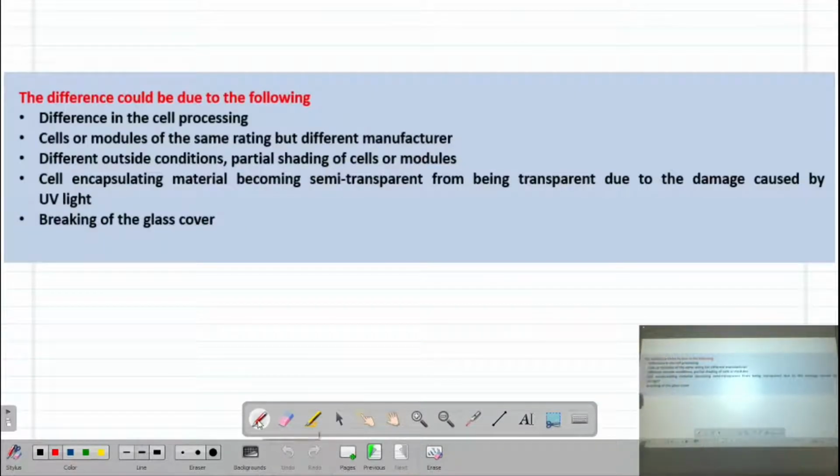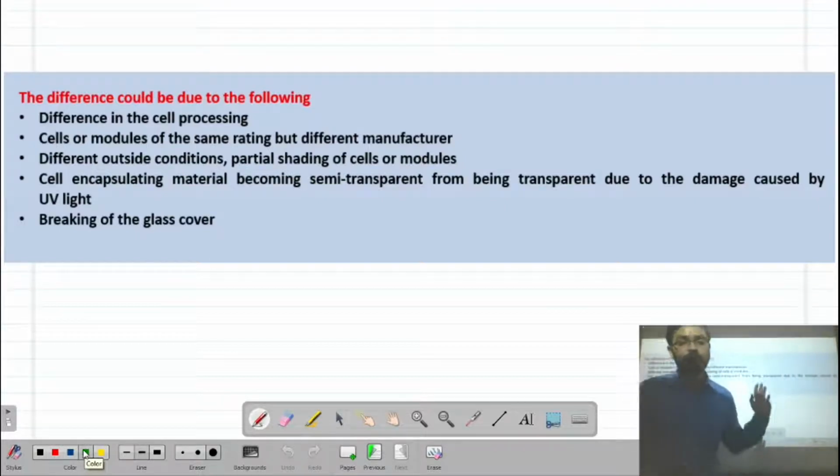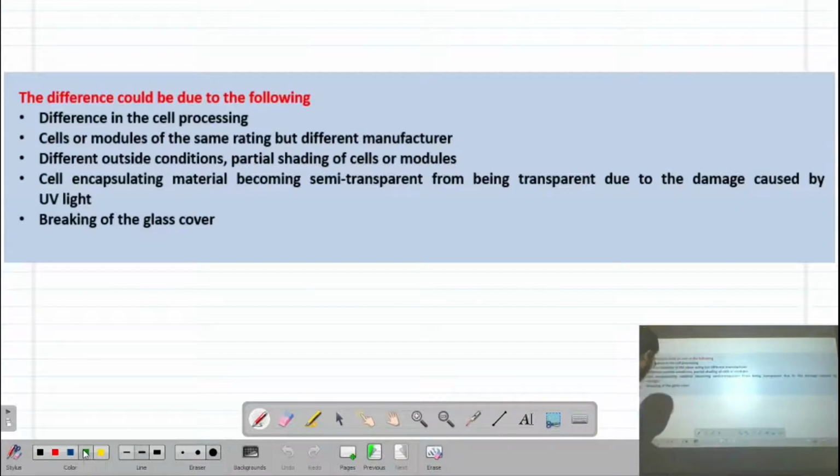Now, these are some of the reasons for which mismatch in a cell or a module can be generated, right? The first one is the difference in cell processing.